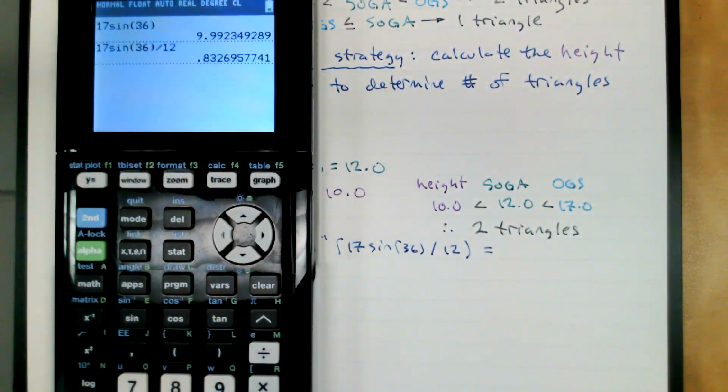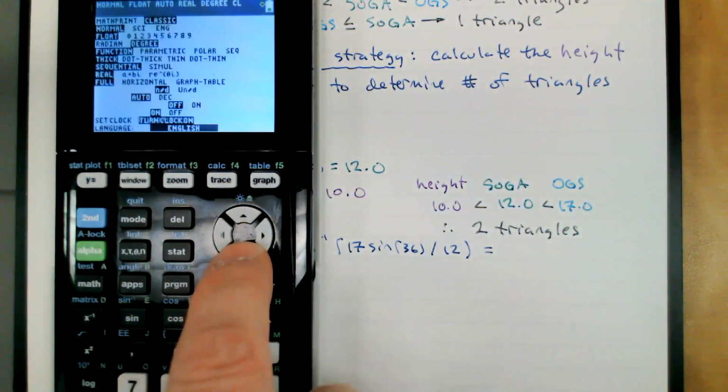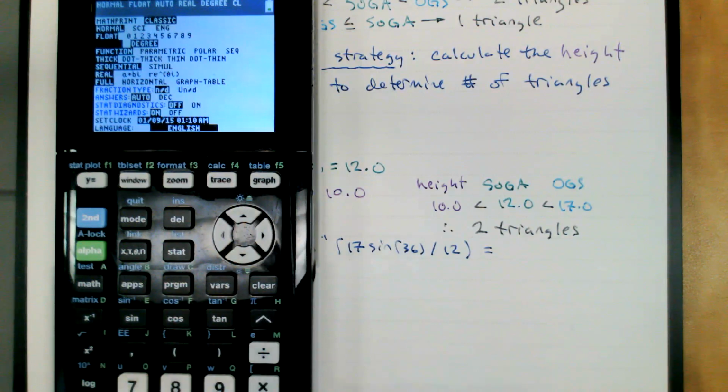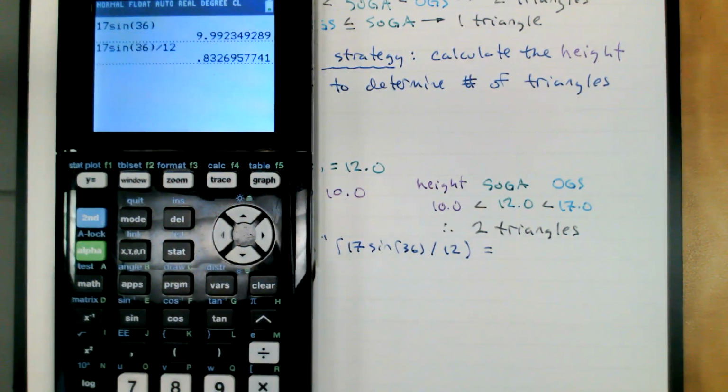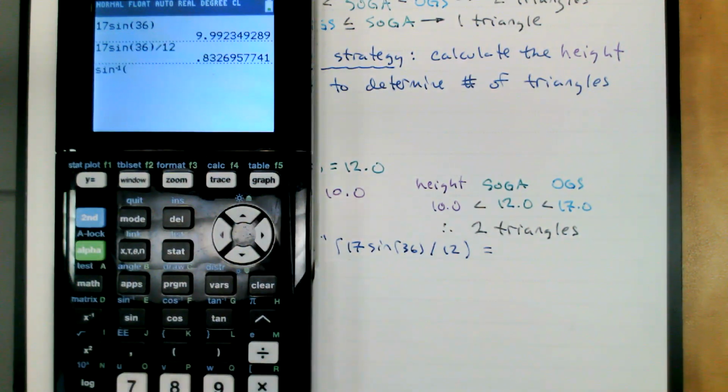And that's 0.833, we'll call it. Am I in radians? Oh, I'm in degrees, but I forgot to say sine inverse. Sine inverse of (17 sine 36) divided by 12, close the parentheses. And I get 56.4 degrees.